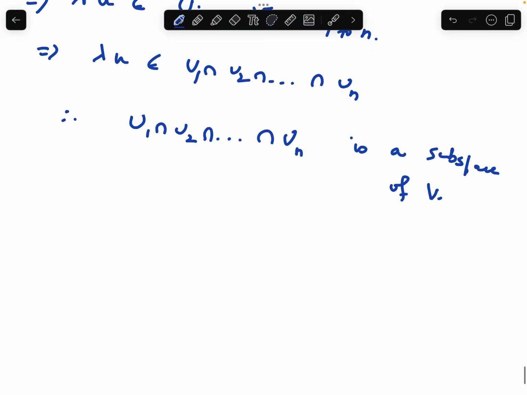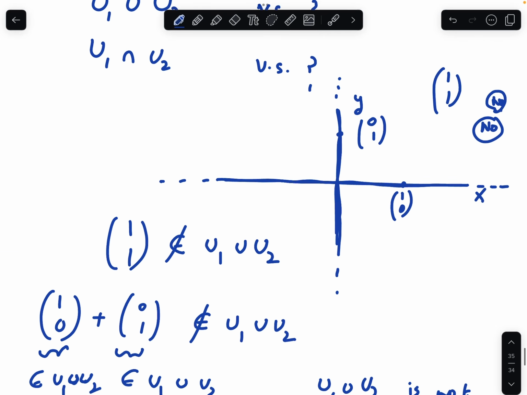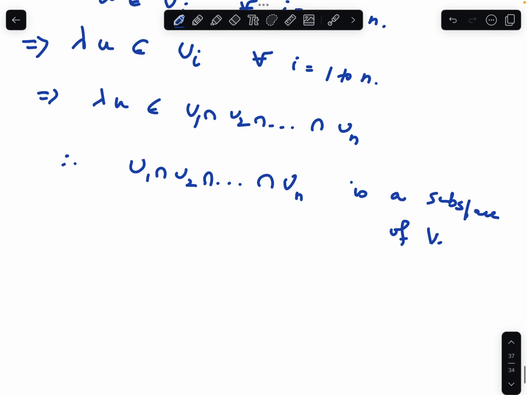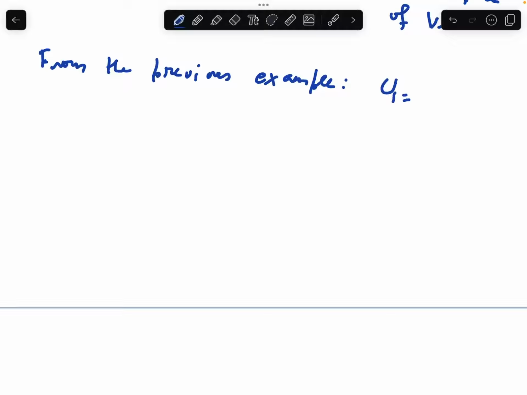so let's take an example. Let's take an earlier example, the x-axis and y-axis example. So from the previous example, U1 is the x-axis.